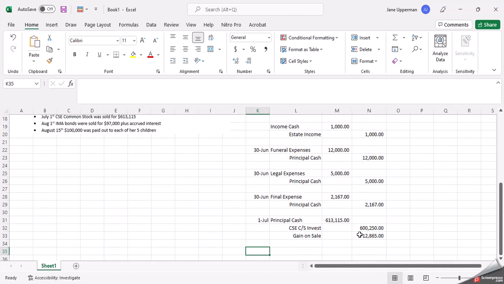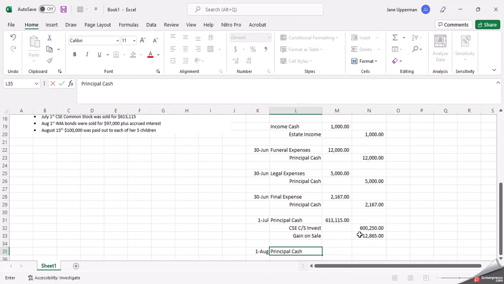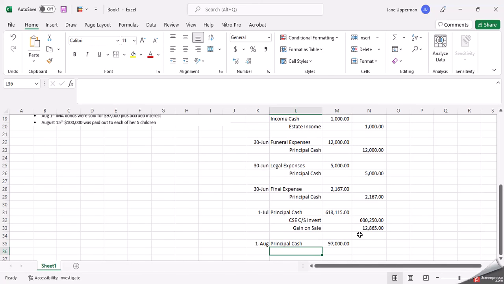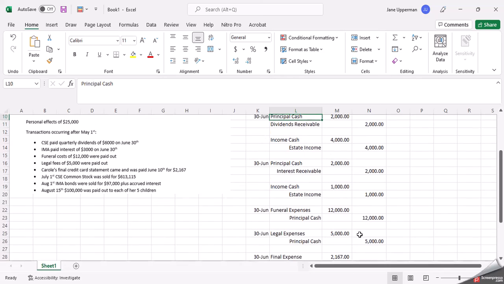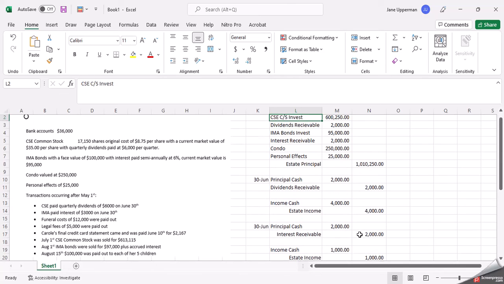Then on August 1st, we are going to sell the bonds plus interest. So we're going to get principal cash for $97,000. And then we're going to go up to the bonds and say, okay, what were those?